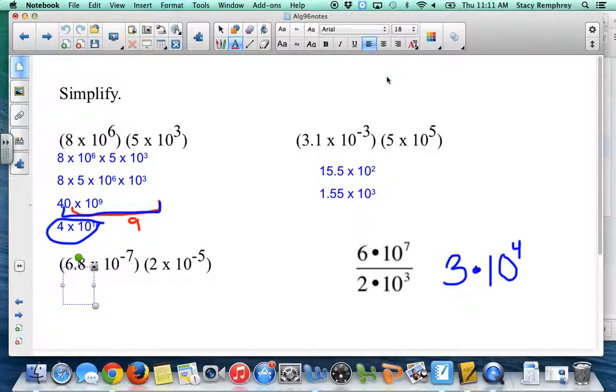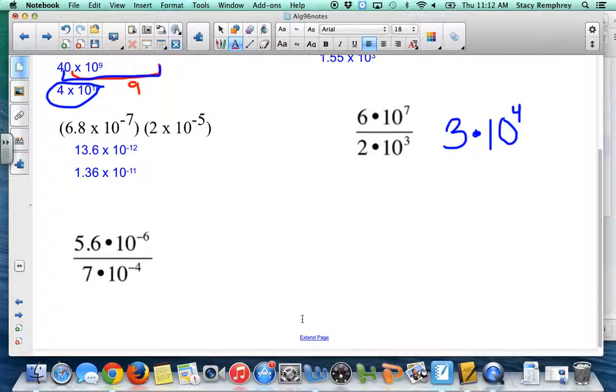Over here, I have 6.8 times 2, which will give me 13.6. I'm going to add the exponents together. That'll give me my negative 12. Then, again, it's not in scientific notation, so I have to do that. That'll give me 1.36 times 10 to the negative 11th. If you're not sure how that works, just come and talk to me. I'll show you how that works.